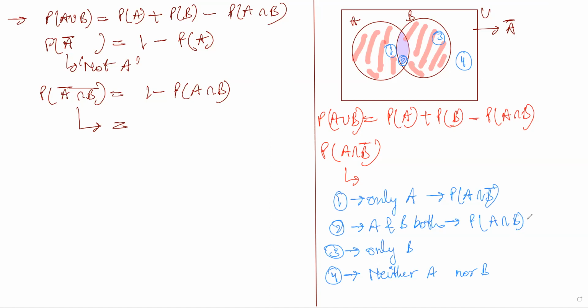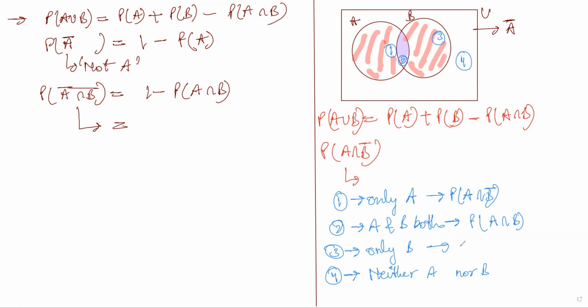So A intersection B. Can you tell me what is the third portion? How can you represent it in the form of probability, in the form of sets? Only B. The focus is only on two sets, A and B. How can you define only B in terms of A and B?